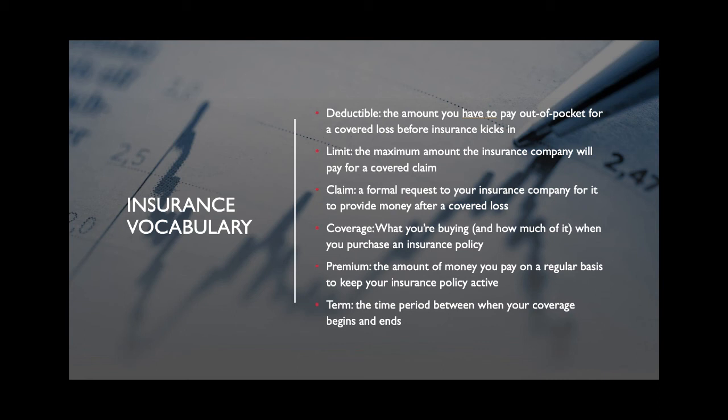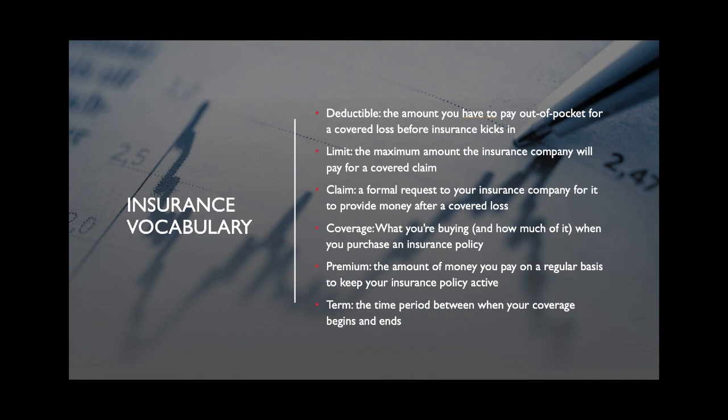Coverage is exactly what you're buying and how much of it, specified in the policy when you purchase that insurance policy. There are lots of details about what's covered, what might not be covered, and the maximum they'll cover for any particular type or category of loss. What is the premium? The premium is the amount of money you pay on a regular basis to keep your insurance policy active.